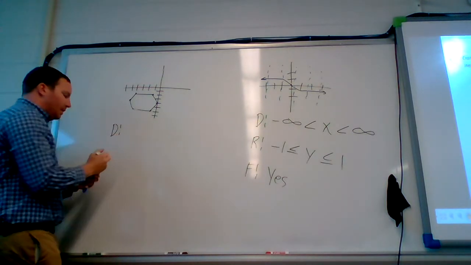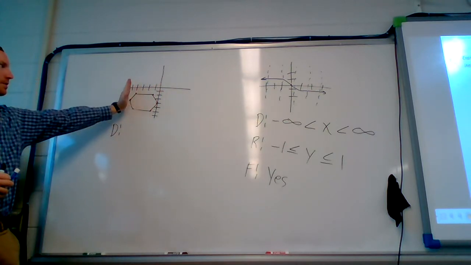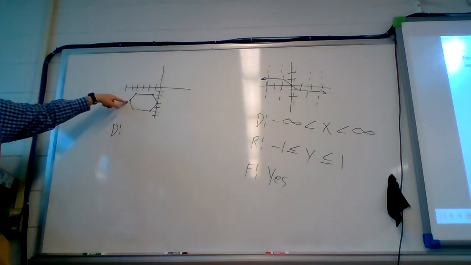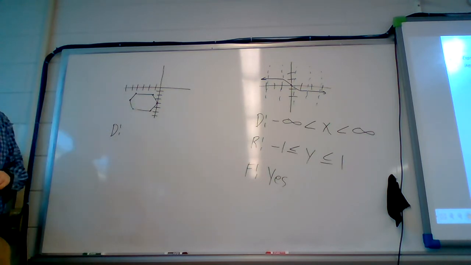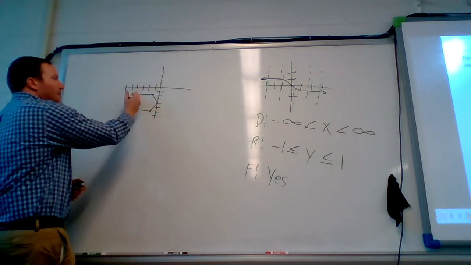How far to the left do we go? If we're looking at it on our x, what's our farthest to the left that we go? You guys can look at your paper as well. -5. And this time we stop at -5. We have that point there.